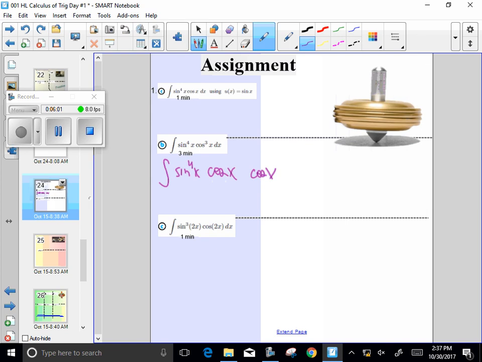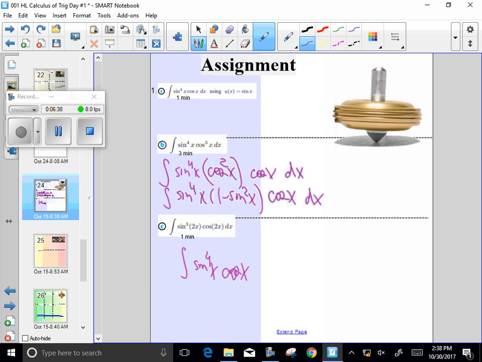How many cosines will I have left? If I take 1 out, 2. And then what is cosine squared equal to? Yep, and now I'm going to have all sines and 1 cosine. That 1 cosine is the du that's going to drop out. So then this will just be sine to the 4th x cosine x dx.